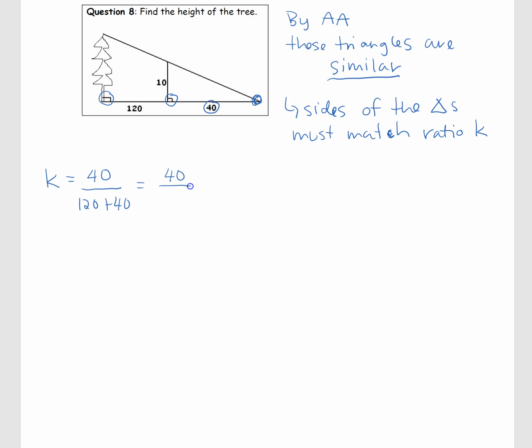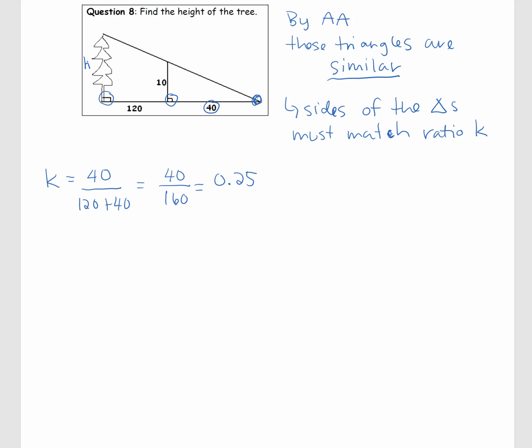Adding those numbers on the bottom gives us 160. 40 divided by 160 is 0.25. So that means our ratio k is 0.25, and we know that this has to be true for all sides of the triangle. Since we want to know the height of this tree here, I'm going to call that h.